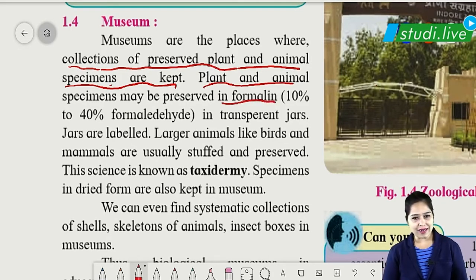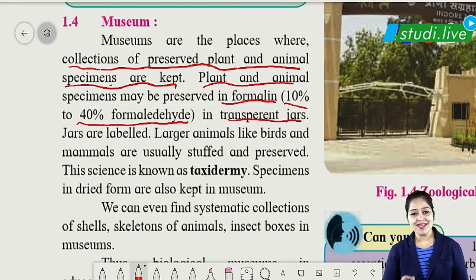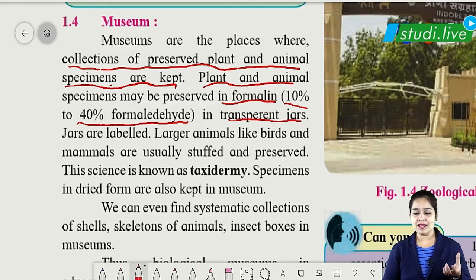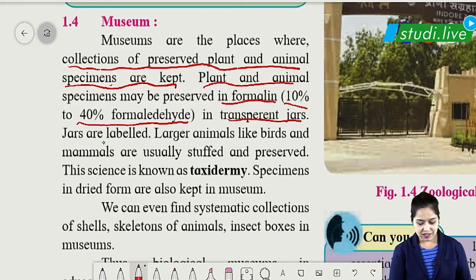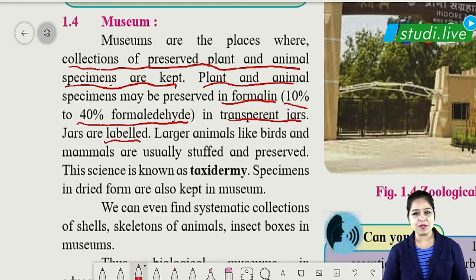This formalin contains 10 to 40% formaldehyde, and they can be kept in transparent jars. Yes, you must have seen in your laboratory transparent jars in which different organisms like ascaris or specimens like a starfish are kept. These jars are also labeled to identify which plant or which animal specimen is present. So that transparent liquid is not water, it is formalin, which is 10 to 40% formaldehyde.